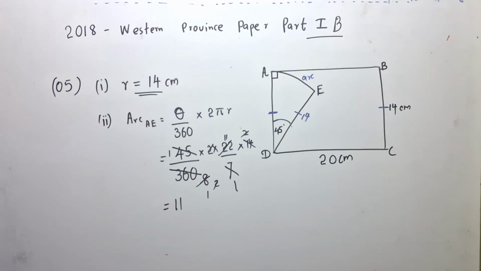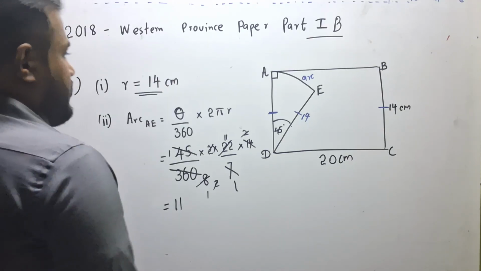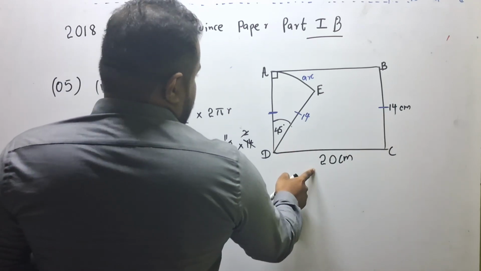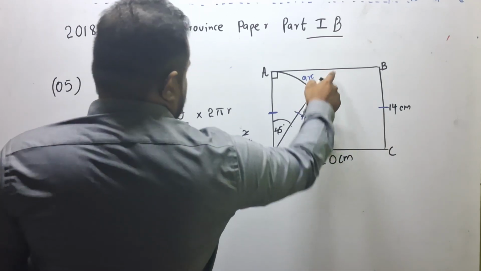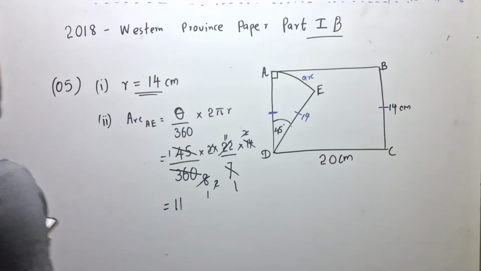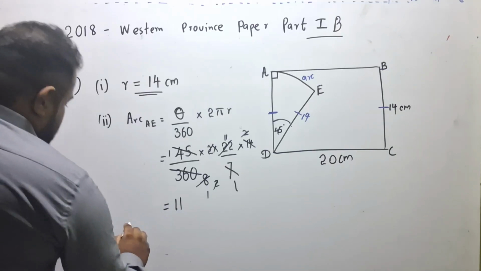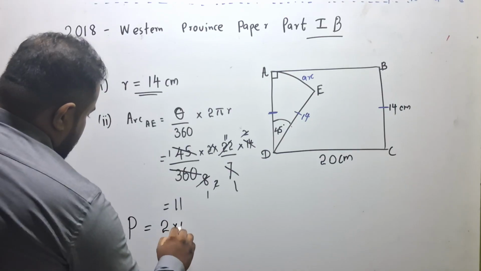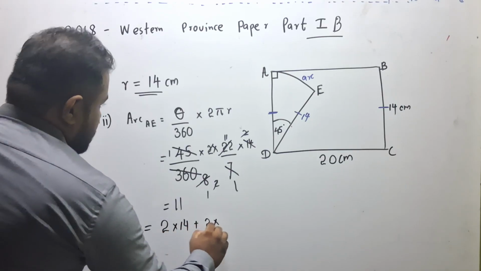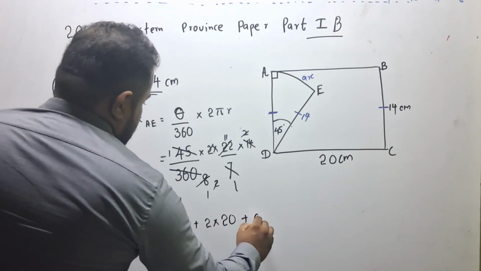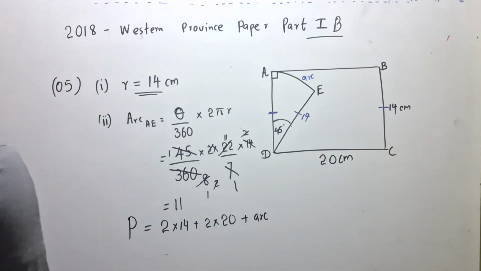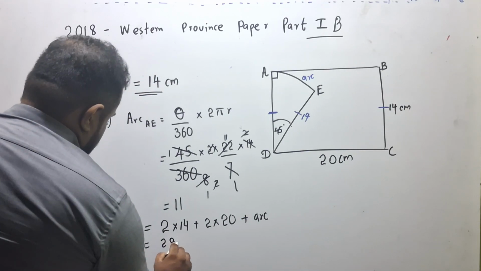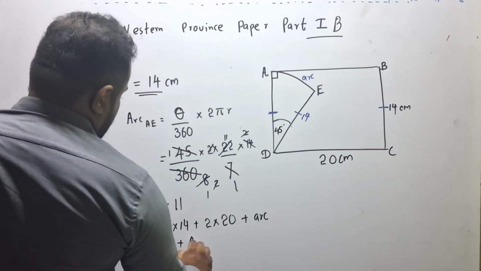After finding the arc length AE, as I said before, how many 14s? 2 14s. How many 20s? 2 20s plus the arc length. So we can write an equation for perimeter equals 2 times 14 plus 2 times 20 plus arc length. 2 times 14 is 28. 2 times 20 is 40.